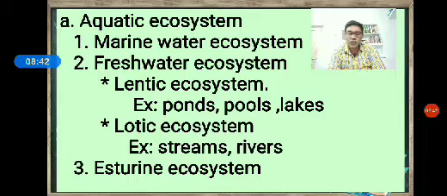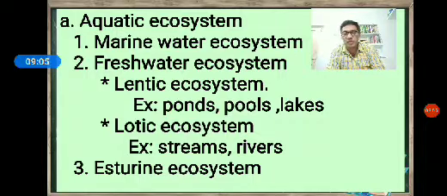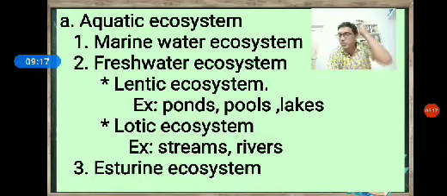Second, freshwater ecosystem. Freshwater ecosystems are small, but the water is fresh, that means non-salt. It is again of two types: lentic ecosystem and lotic ecosystem. The lentic ecosystem is where the fresh water is stagnant.